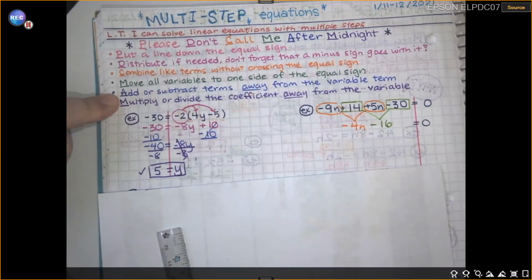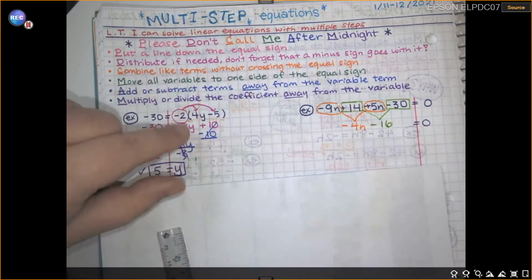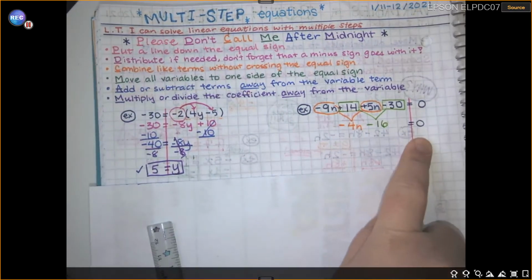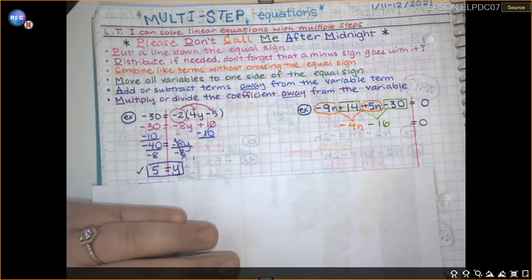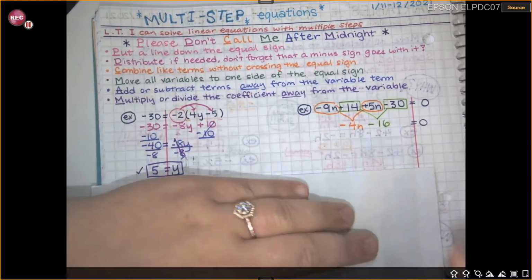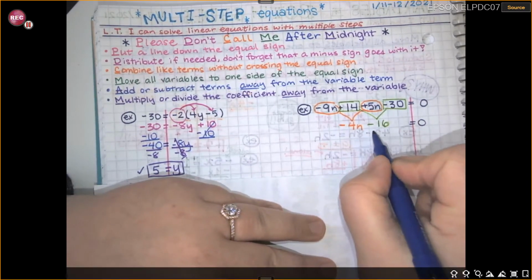Add or subtract the terms that don't have your variable away from it, and then move the thing that's in front of your variable. So people think, oh no, there's a 0 here, that ruins everything. No, 0 is just a number. You know how to work with that. So we add or subtract the term that's not the variable. So notice the 16 does not have an n. That's what we're going to move.